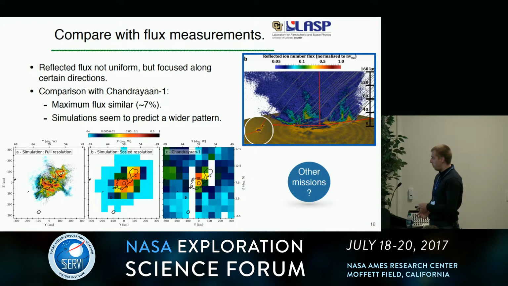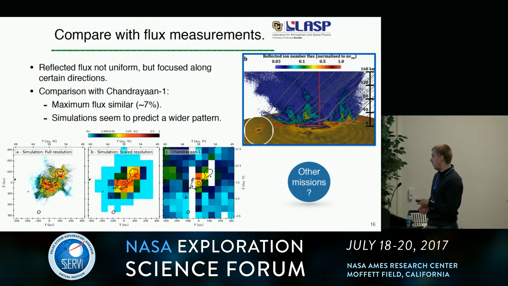There are bits where more than 100% of the incoming solar wind is being reflected through different channels. If you compare it with, for example, Chandrayaan, we scale this to the Chandrayaan resolution, or to a resolution where Chandrayaan had reliable data, and we find very similar maximum flux, around 7%.